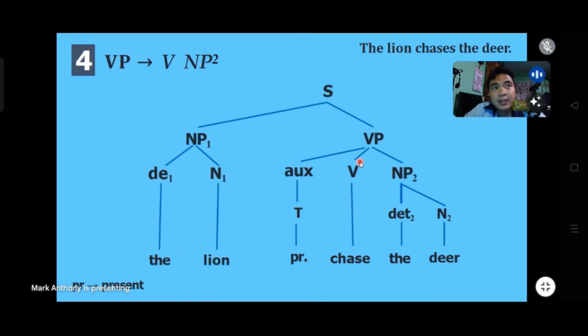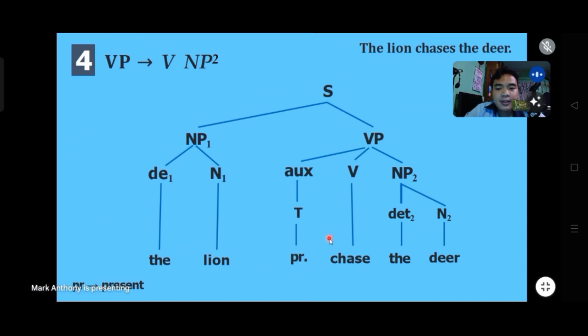Just like what we did on the noun phrase, we should also classify the verb present in the sentence. So the purpose of the word chases in the sentence is actually an auxiliary verb, and it is in the present tense. So that is what PR means.